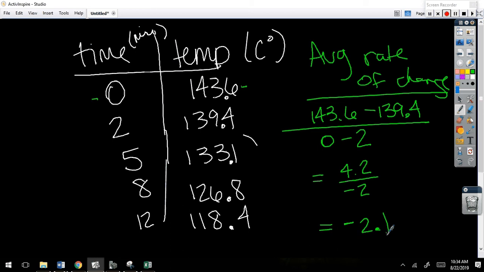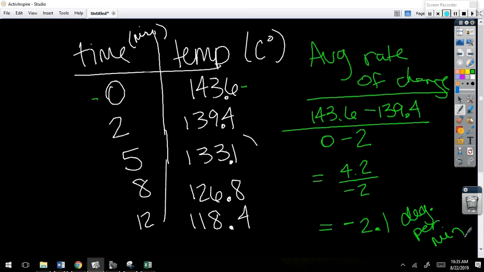Degrees Celsius per minute, right? Degrees per minute. So every minute, it's dropping an average of 2.1 degrees, right?